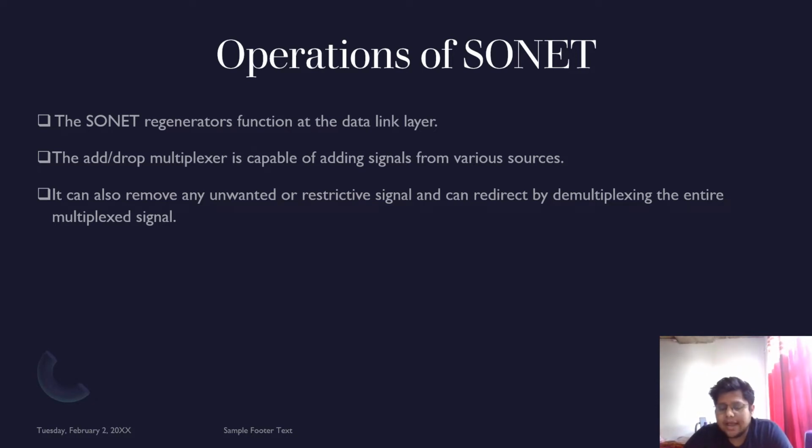One more point for the add drop mux is that it can redirect the demultiplexing. That means the multiplexed signal can be redirected and vice versa. The base meaning behind this is that the add drop mux can be used as a reversible device. If you want to multiplex something, you can use it. If you want to demultiplex something, you can of course use it. It's up to you what you want to do with an add drop mux.